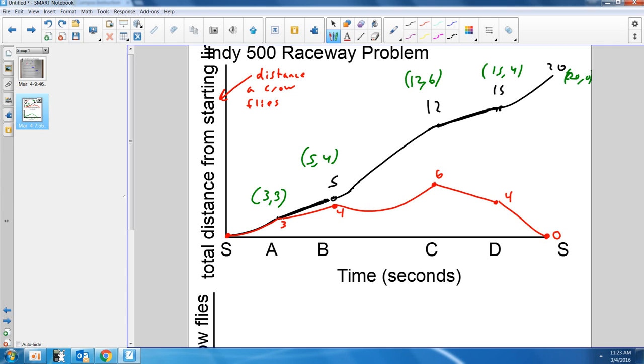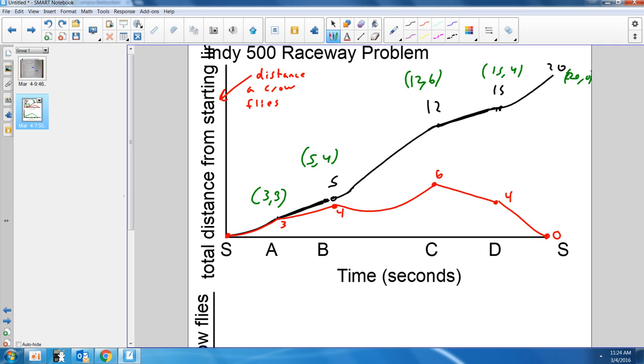If you take each graph separately, the maximum distance away from the starting point, the red one is obvious, it would be 6 because it's the highest point. But if you're looking at the black one, you're talking about total distance away from the starting point, it would be at this point, which would be 20 when it comes around.